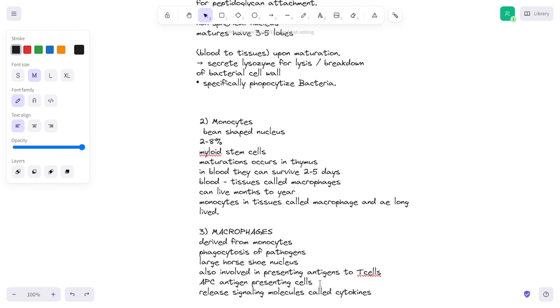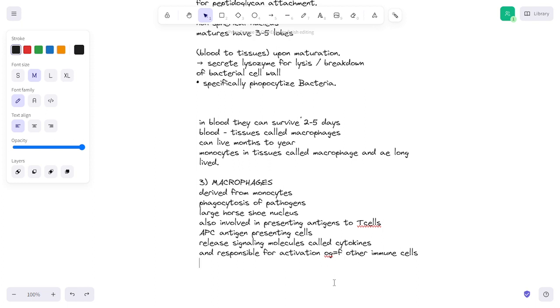The cytokines are responsible for the activation of other immune cells.